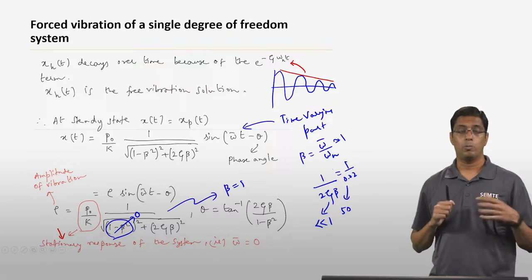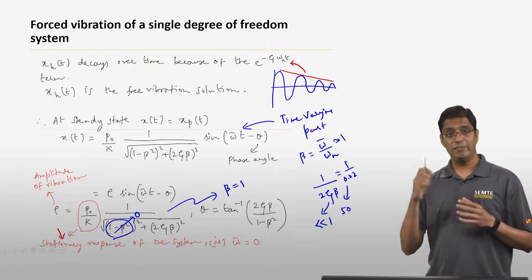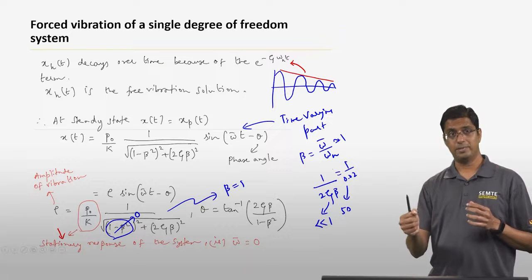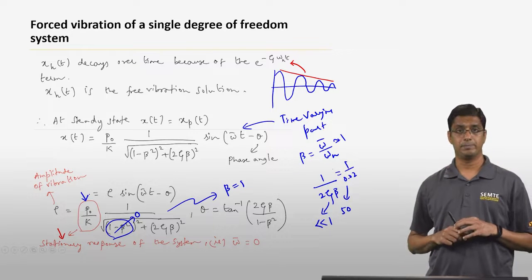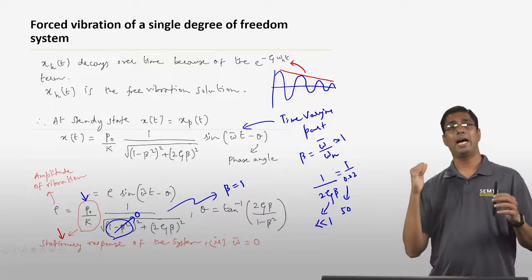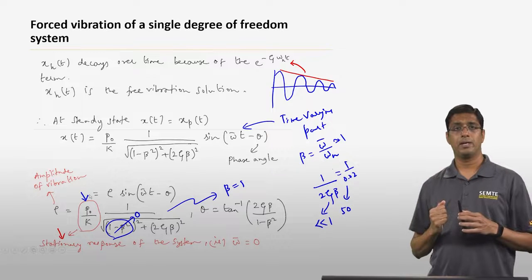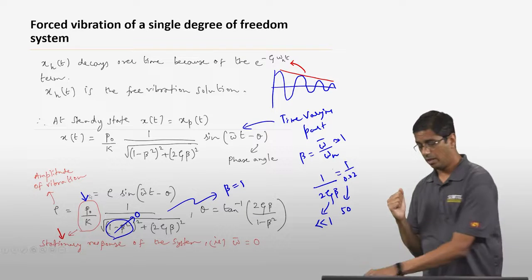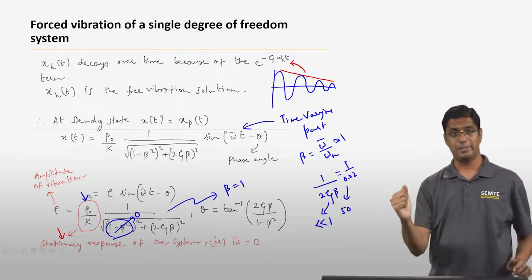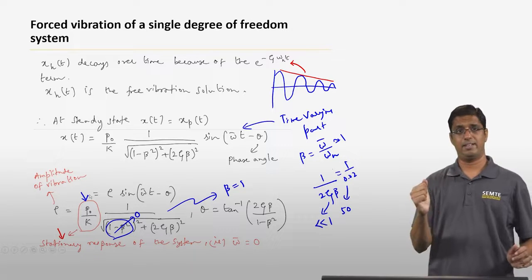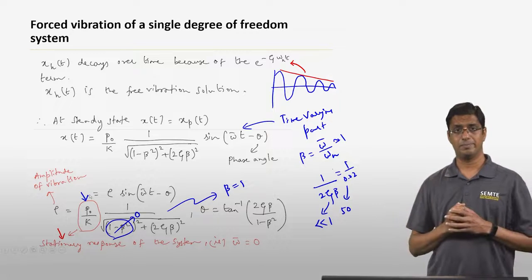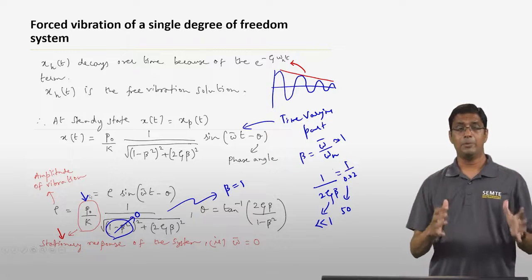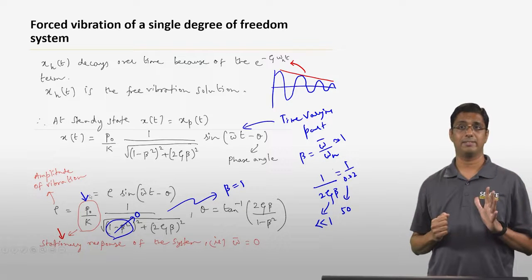What it's telling you is that if I just apply a force P naught, then I am only going to get a displacement of P naught over K. If I apply a constant force of P naught, I'll get a displacement of P naught over K. Now, if I take the same force, but don't keep it constant and instead oscillate it at a frequency that is close to the natural frequency of the system, then the amount of displacement I'm going to get is going to be 50 times larger.